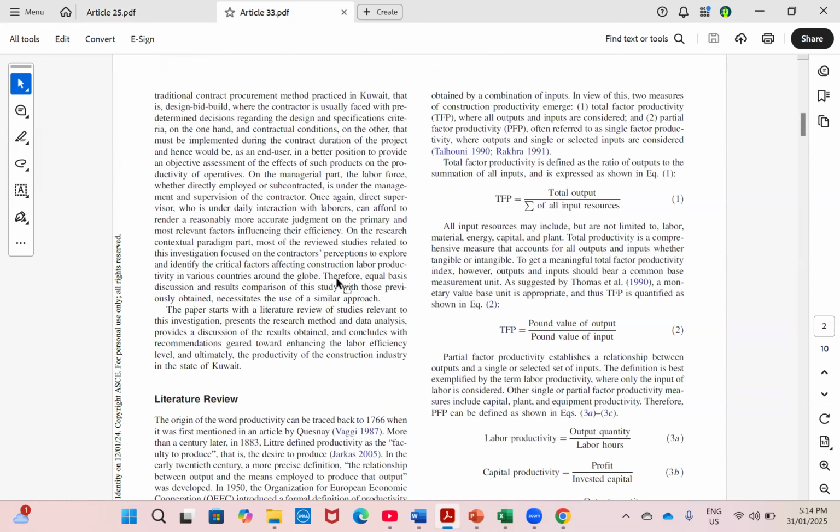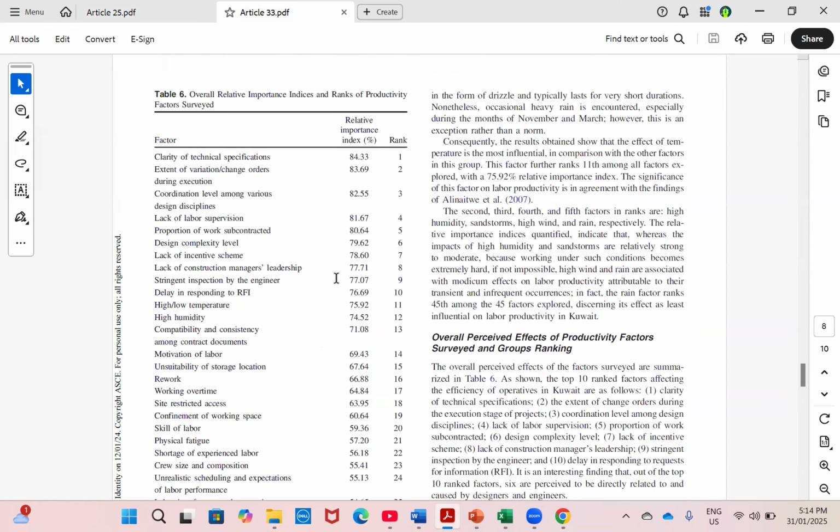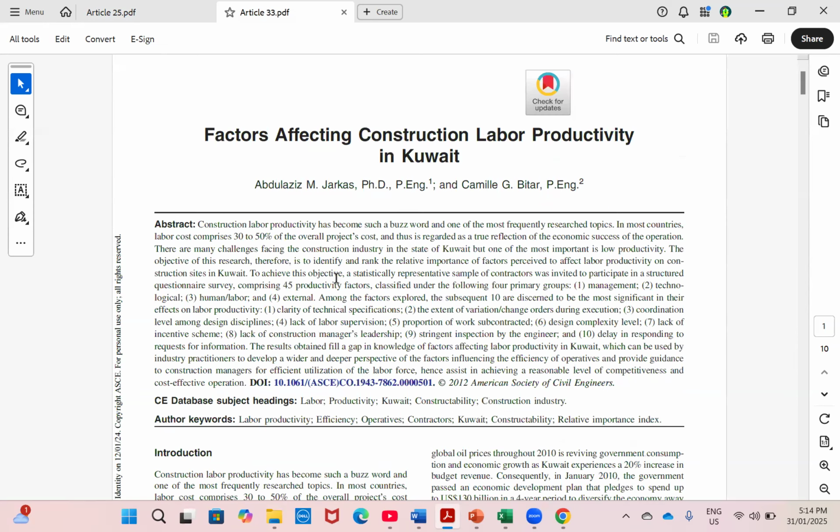If you go through that article too, they also computed the relative importance index. I'm just showing you two, but there are so many articles. Just go through Google Scholar and search. You see so many articles that have used the two relative importance indexes I've shown you so far in my last two videos.